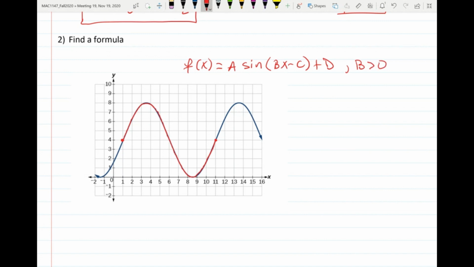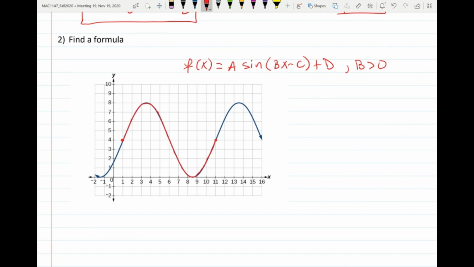Now, because of the shape that we picked, what can you say about a? Is a positive or negative? Are we flipping the sign or not? Remember, the sign of a tells you whether you need to flip the graph or not.